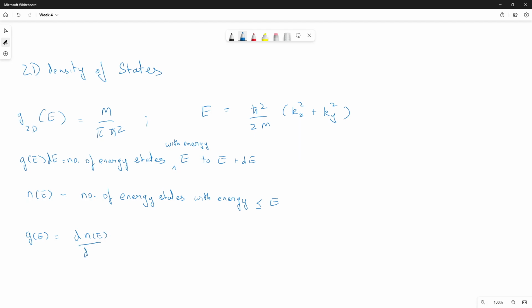It is essentially the derivative of this function N of E.